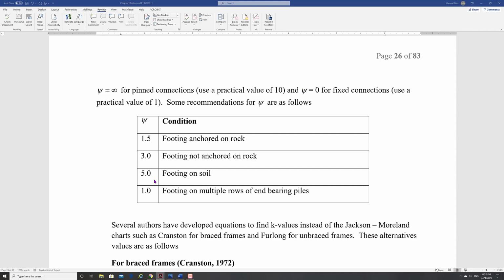That's one thing. And two, the moment at the top of the column will be larger than if you do fixed connections. So you have a larger moment, a pin connection at the bottom, and you only have one moment at the top end; the other moment is 0, because it's pin.